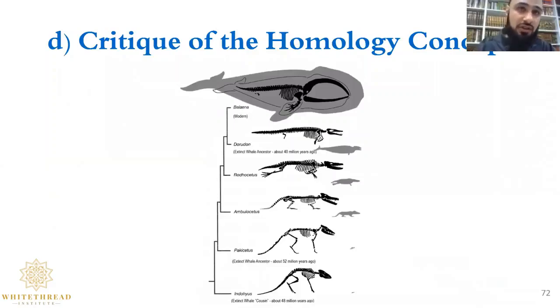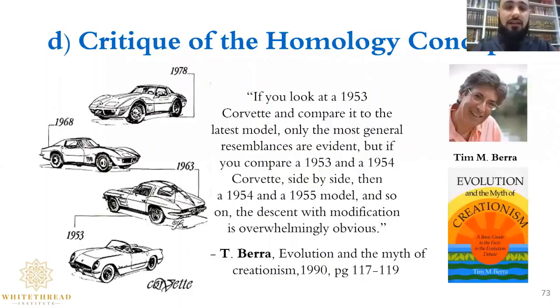You can see those bone structures in the series, and as the bone structures start changing very gradually, they align them up and present this as evidence. A few years ago, Ohio State University biologist Tim Berra published a book against creationism known as Evolution and the Myth of Creationism.